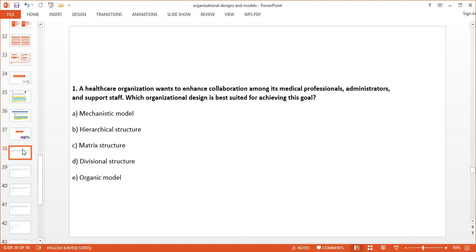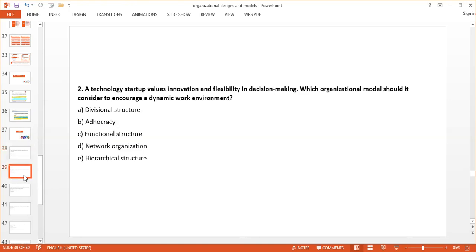A, mechanistic model; B, hierarchical structure; C, matrix structure; D, divisional structure; E, organic model. The answer is C, matrix structure.